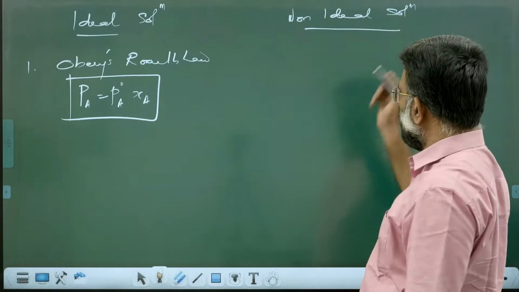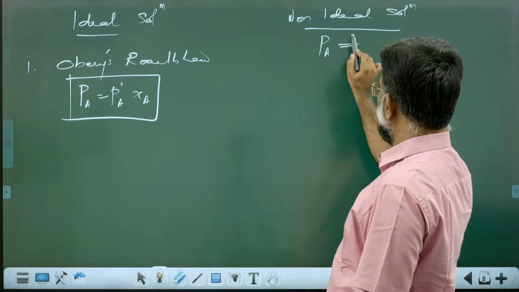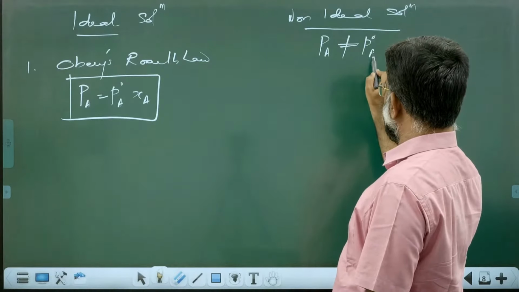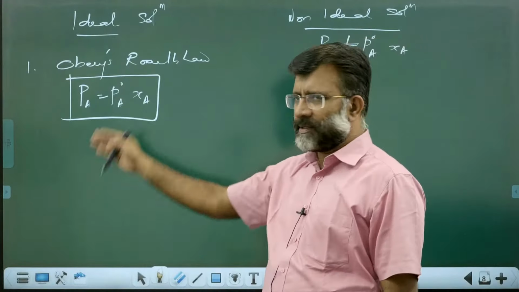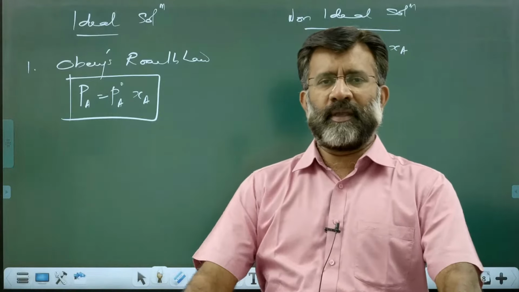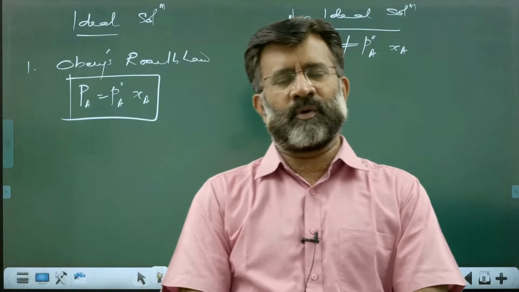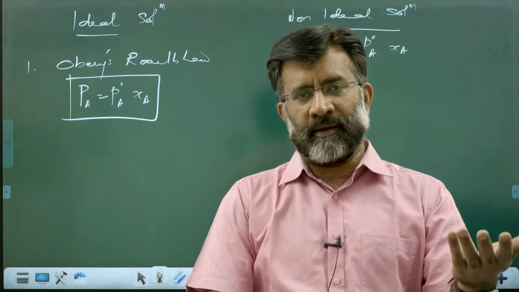What about a non-ideal solution? Non-ideal solution, PA not equal to P naught A XA. So here it obeys Raoult's law, here it does not obey Raoult's law. PA will not be equal to P naught A XA. Either it is going to be greater than or less than.